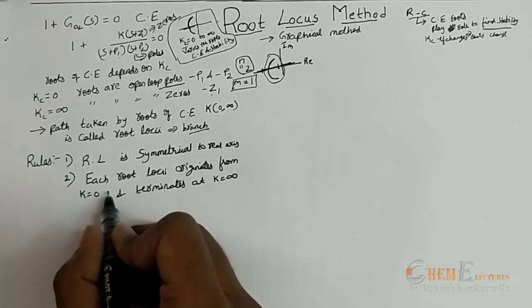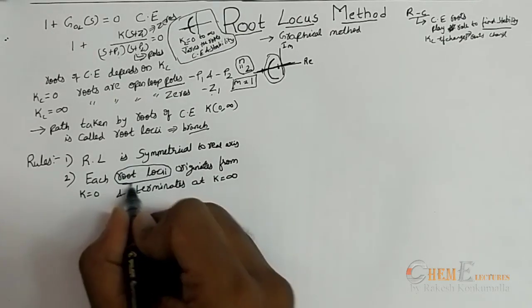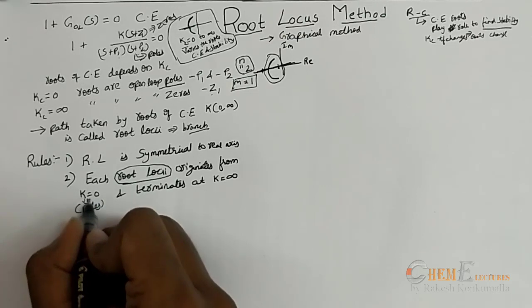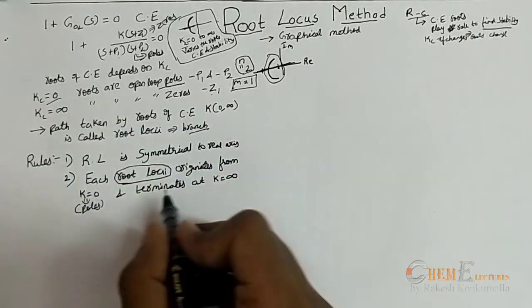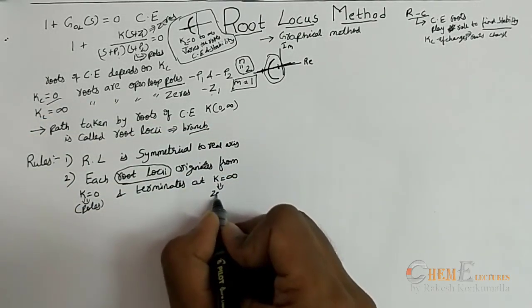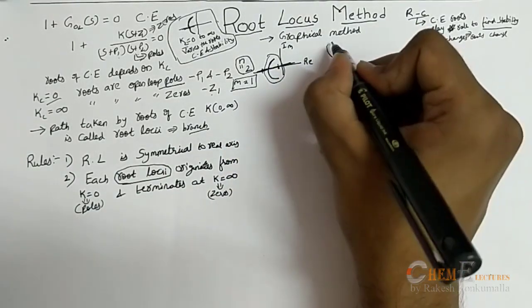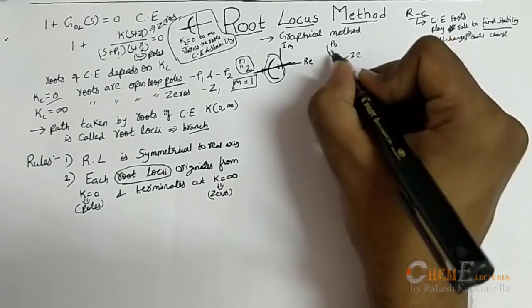In simple terms, the root loci start from the poles, since K equal to 0 means poles, right? That I have discussed. And it ends at zeros. The path will be from pole to zero, this root loci.